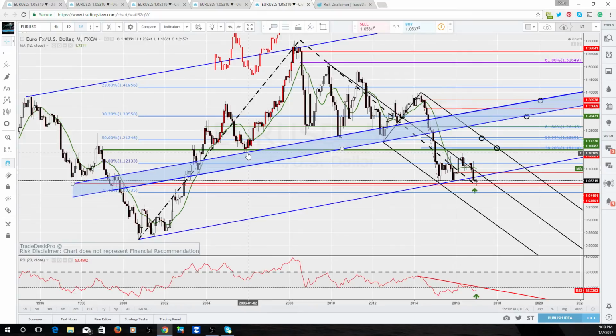Here, the top of the channel was support. Here, was support, going through it but never reaching the bottom of the channel. Here, the bottom of the channel was support. So it's pretty important going into the future. And that's exactly why here at this 38 fib, I've drawn a possible price target, just so I know where it is.